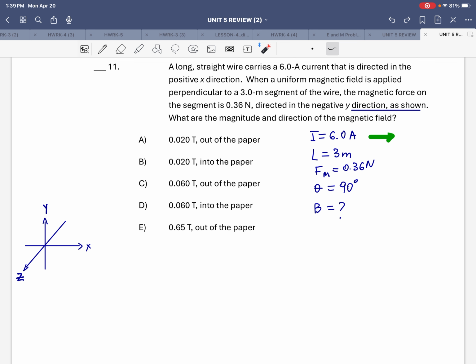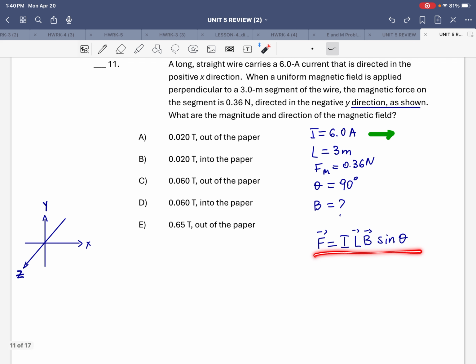It doesn't really matter, as long as we place them perpendicular to each other and indicate the directions. Recall that every good problem starts with a good diagram. We need to find B, and B is connected with I, L and angle theta in the magnetic force formula.